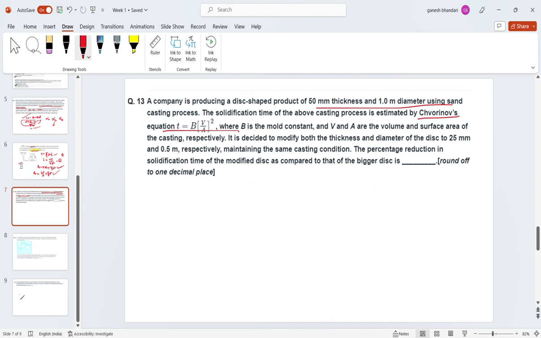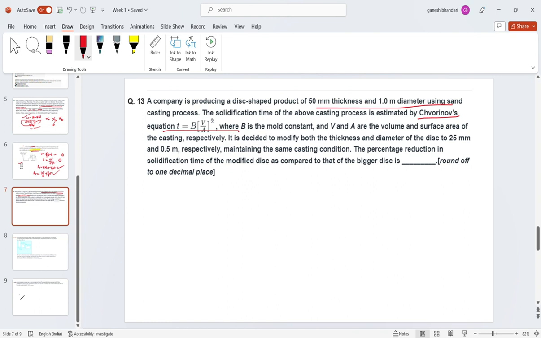The relation is given as the square of the ratio of volume and area. Further, it is decided to modify both the thickness and diameter of the disc to 25 mm and 0.5 mm respectively, maintaining the same casting condition. Find the percentage reduction in the solidification time of the modified disc as compared to the bigger disc.